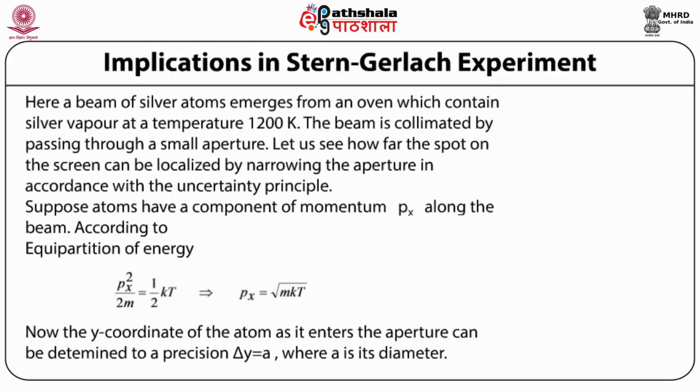Now suppose atoms have a component of momentum px along the x-axis, that is, along the direction of the beam. According to equipartition of energy, px squared by 2m is equal to half kT. That means that the kinetic energy of the beam of silver vapor atoms is given by this relation, where px is the momentum along the x direction, m is the mass of the silver atoms, k is the Boltzmann constant, and T is the temperature, and half kBT gives the average energy according to the equipartition theorem.